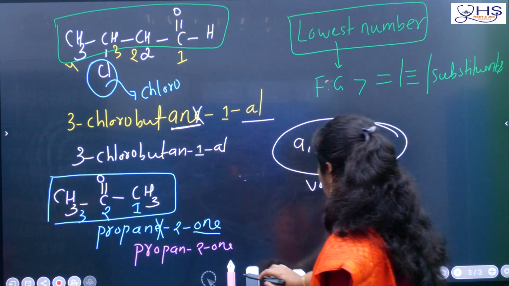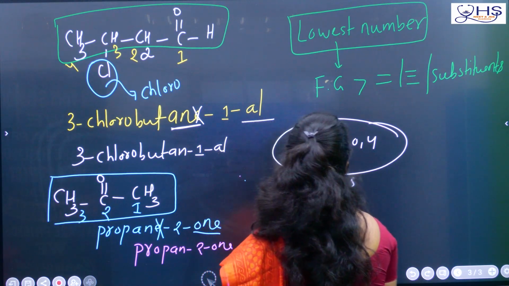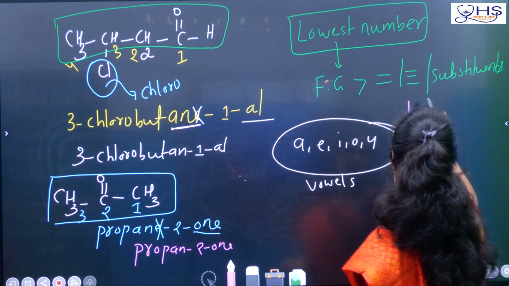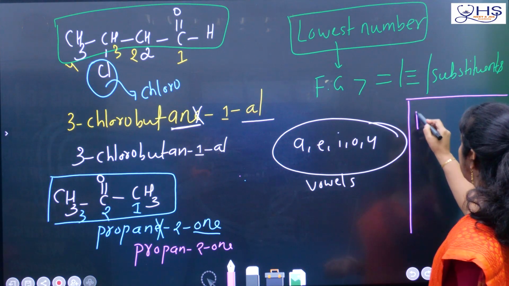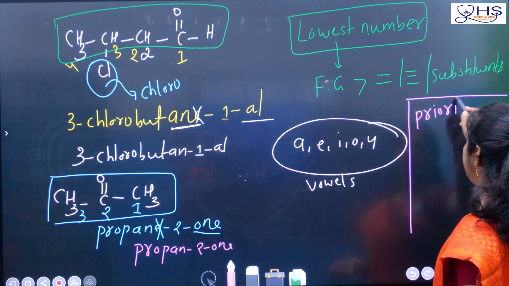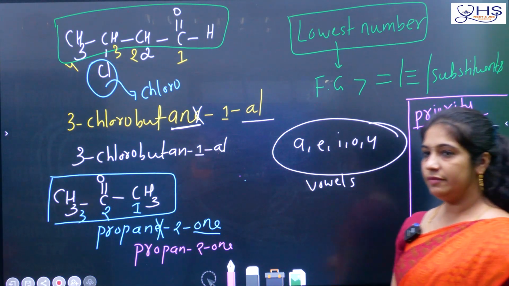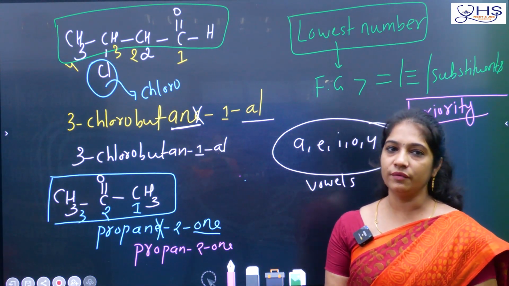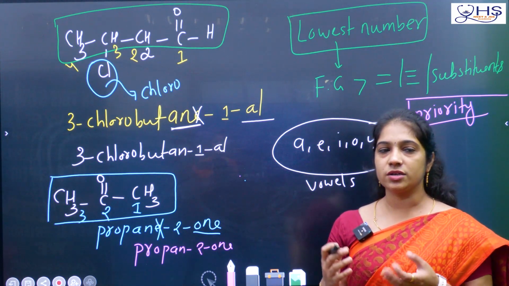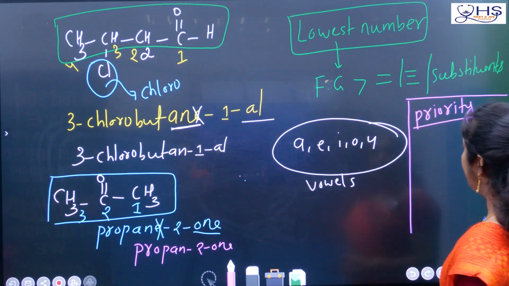If the compound contains both aldehyde as well as ketone, we have to use the priority order. If the same compound contains more than one functional group, we can say it is a multifunctional compound, then we have to use the priority.